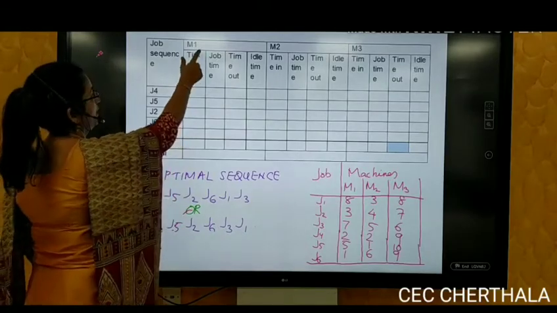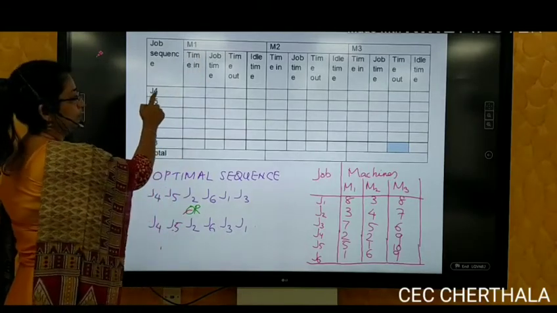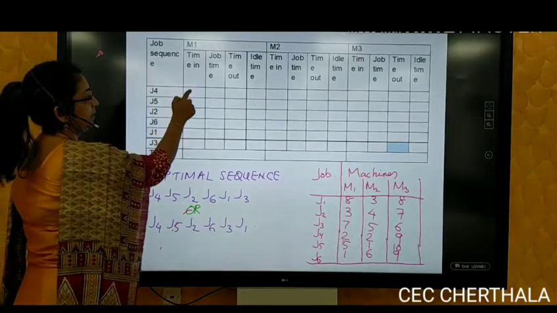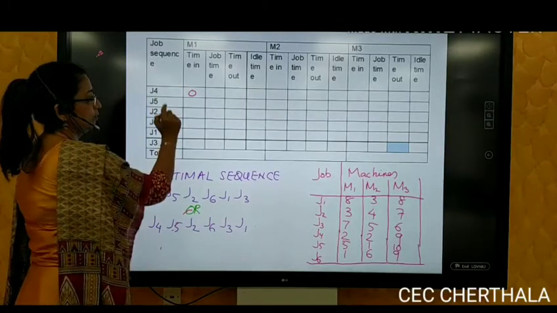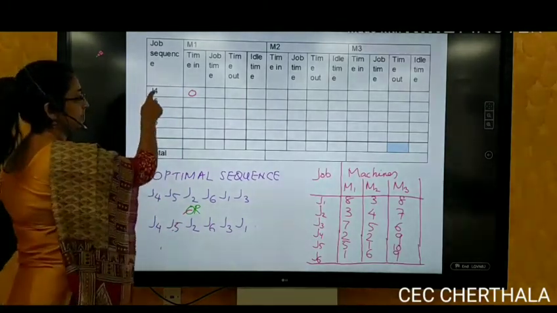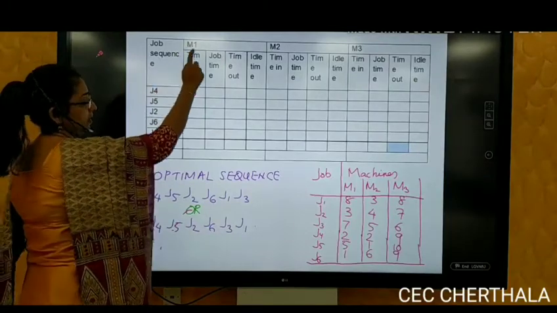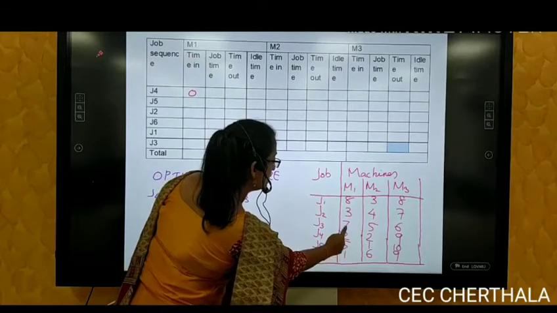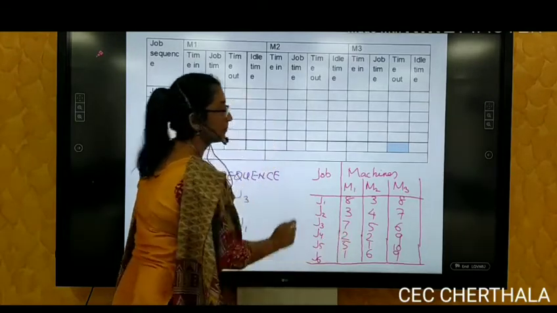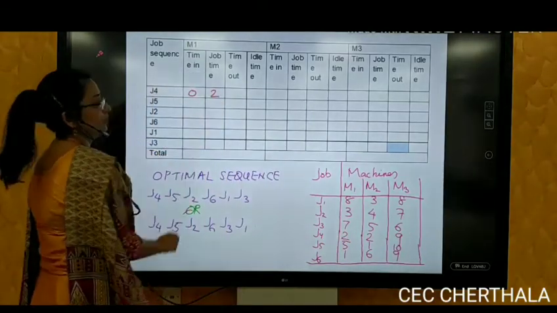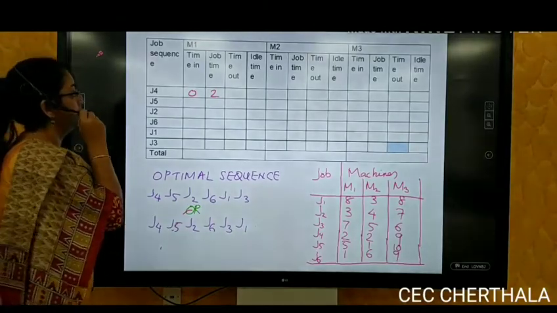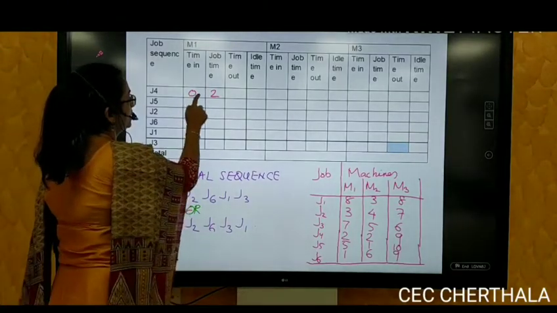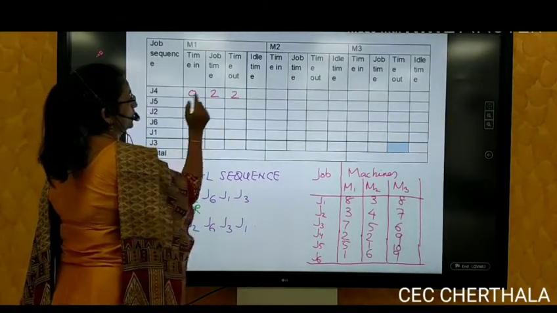First, for machine M1, the first job is J4. So machine M1 is starting at the 0th day and job J4 at machine M1 is 2 days. So job time is 2 and therefore time out is 0 plus 2, 2.